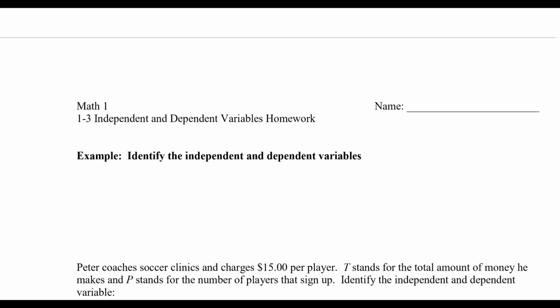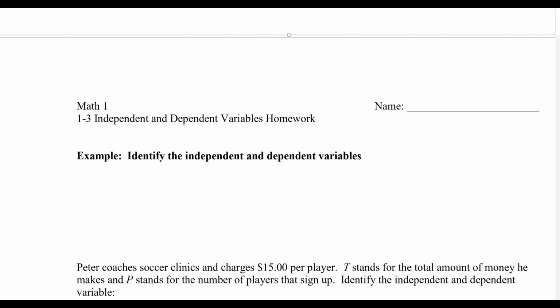Would you agree? The amount of money that Peter makes depends upon how many players sign up. And the amount of money he makes is going to change with the amount of players that he signs up, at the rate of $15 per player.